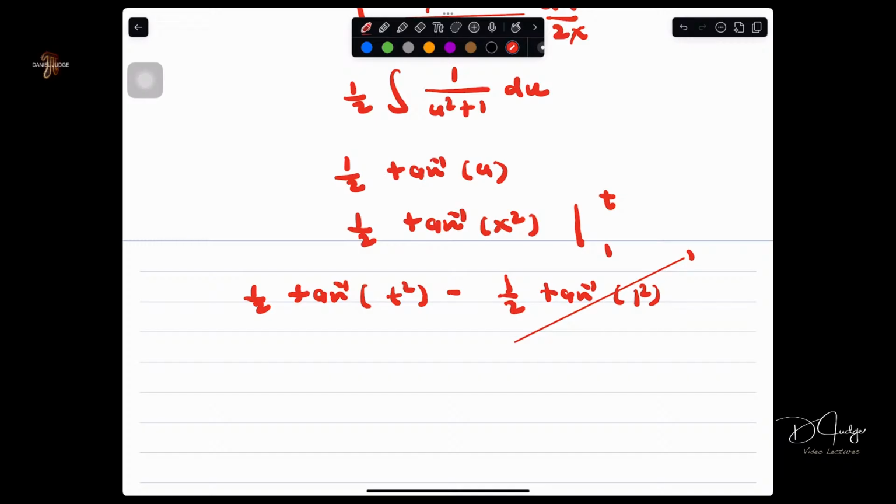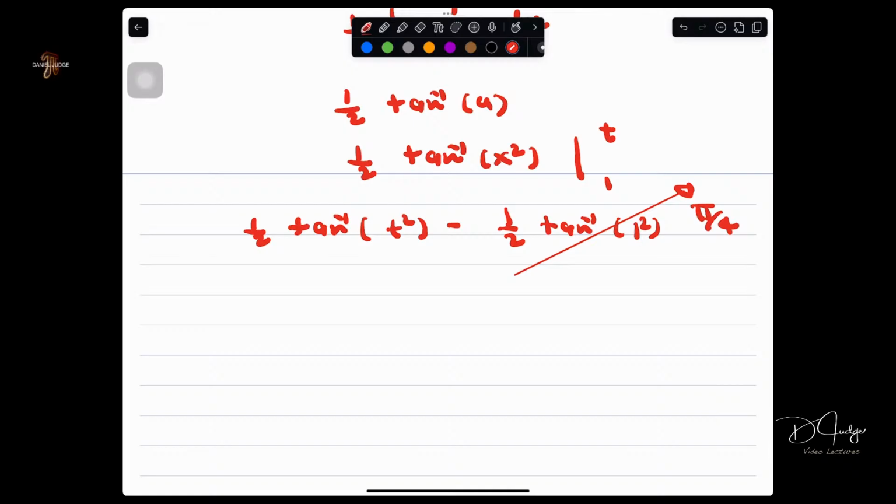But we know inverse tangent of 1 is pi over 4. Okay, so I of t is 1/2 inverse tangent t squared minus pi over 8, because you have the factor of 1/2 there.